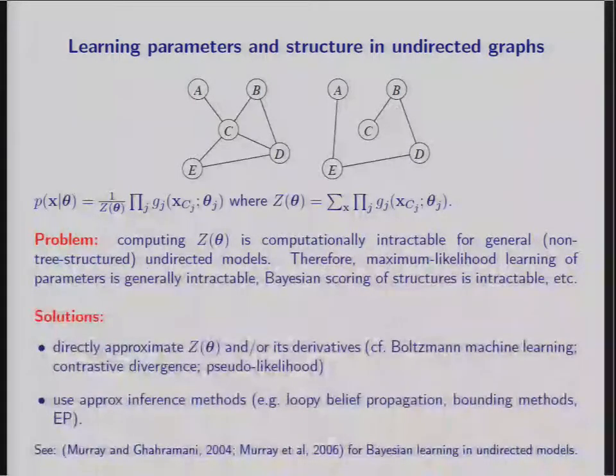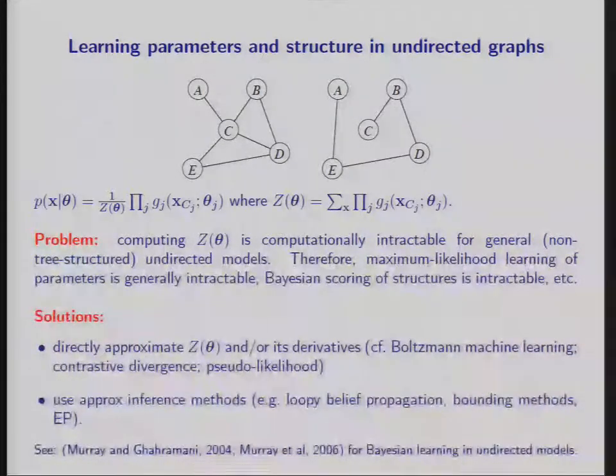Okay, so the problem is the normalizing constant. And maximum likelihood learning is intractable in these models, and Bayesian scoring of structures is also intractable. But there is a body of work by Ian Murray, myself, and others where we've been trying to apply some of the approximate inference methods to learning of undirected graphical structures as well.